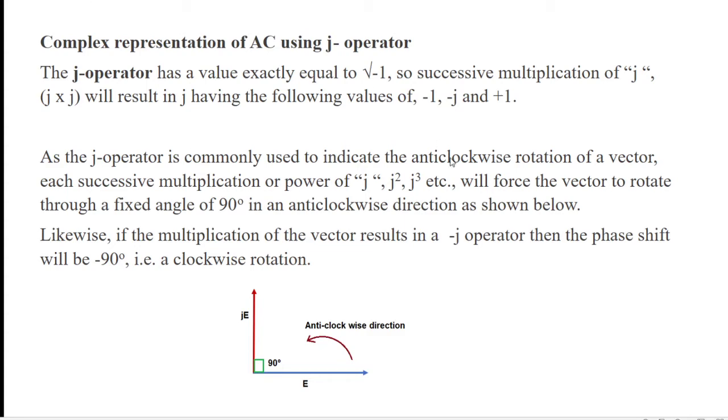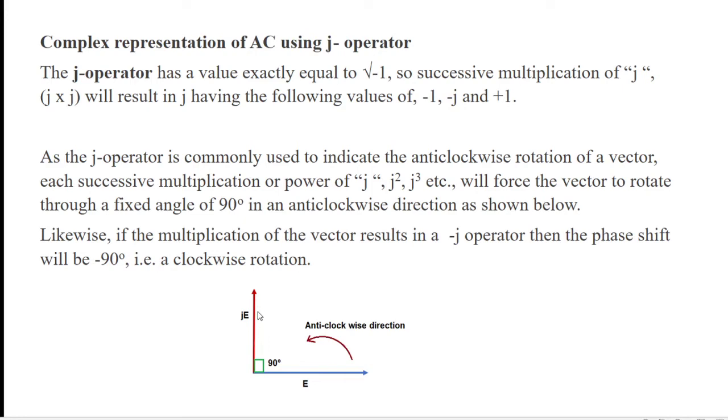For example, when operator j operates on vector e, we get new vector je. This new vector je is displaced from the original vector e by 90 degree.